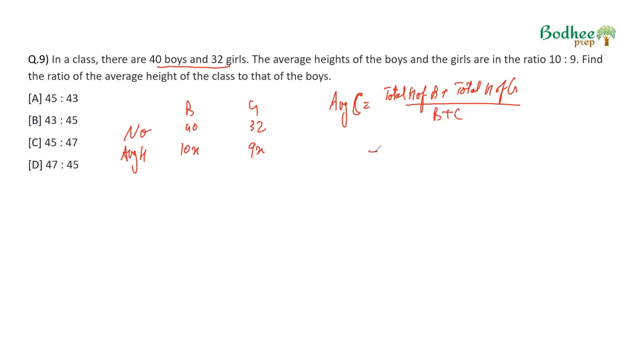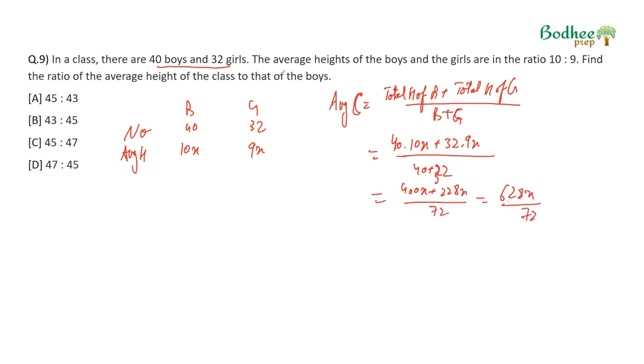This will be the average of the class. So total height of boys will be 40 into 10x plus 32 into 9x upon number of boys plus girls will be 40 plus 32. So this becomes 400x plus 288x upon 72, which becomes 688x upon 72.